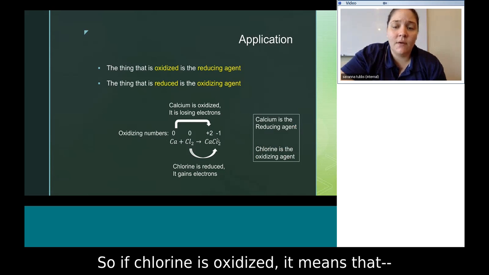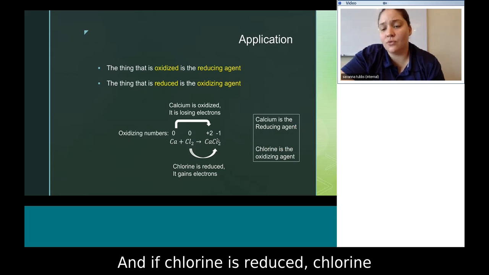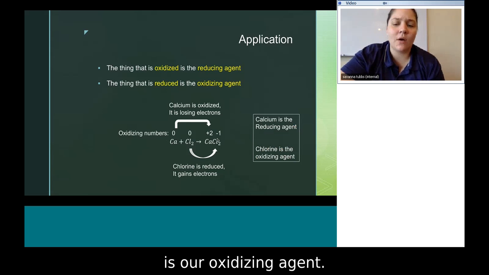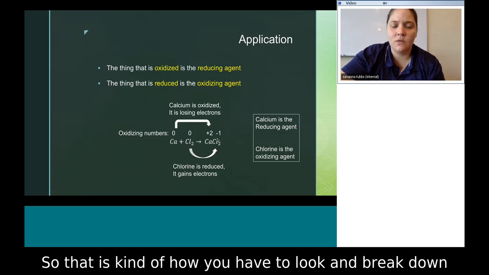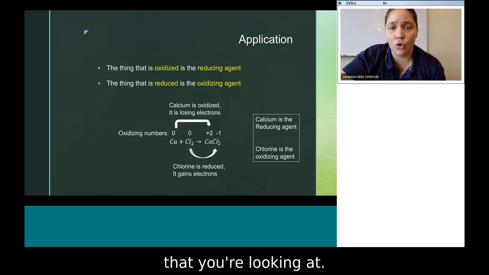So if calcium is oxidized, calcium is our reducing agent. And if chlorine is reduced, chlorine is our oxidizing agent. That is how you have to look and break down the pieces of the redox reactions you're looking at.